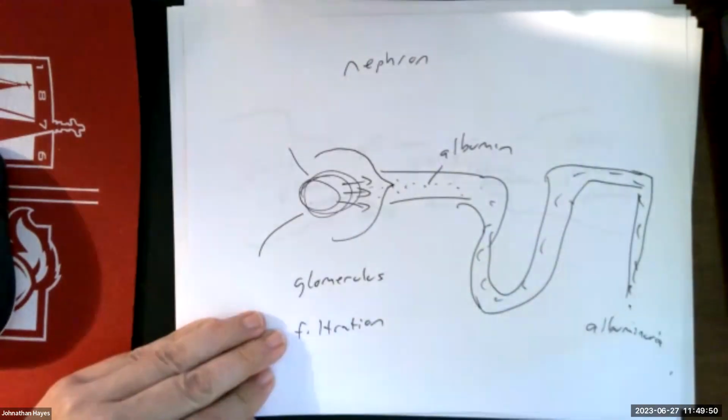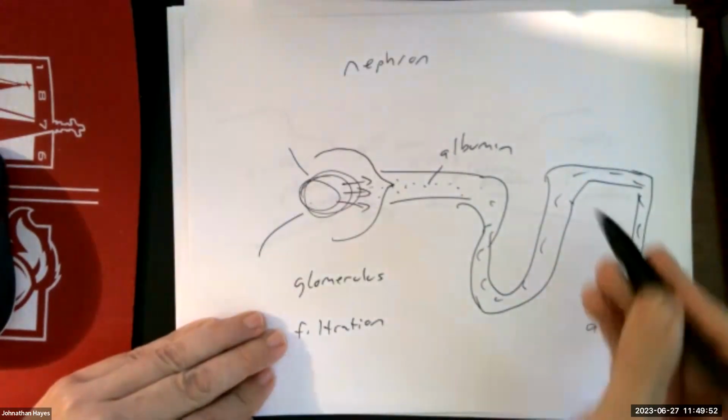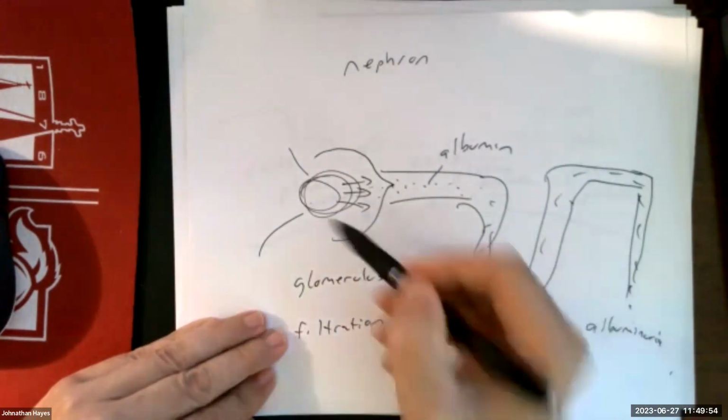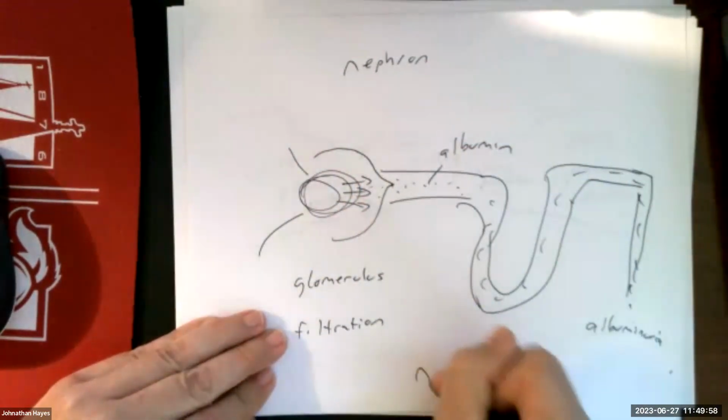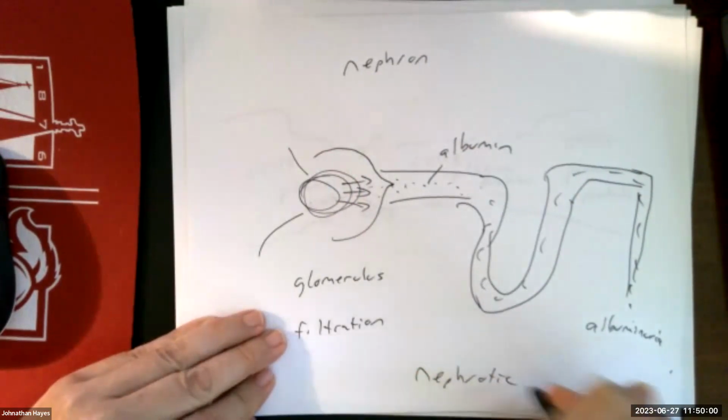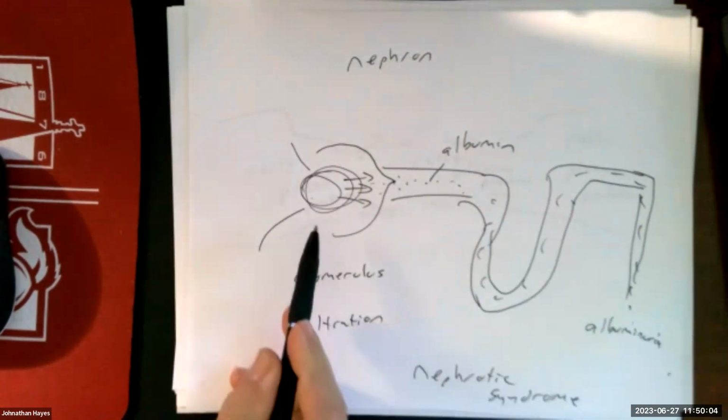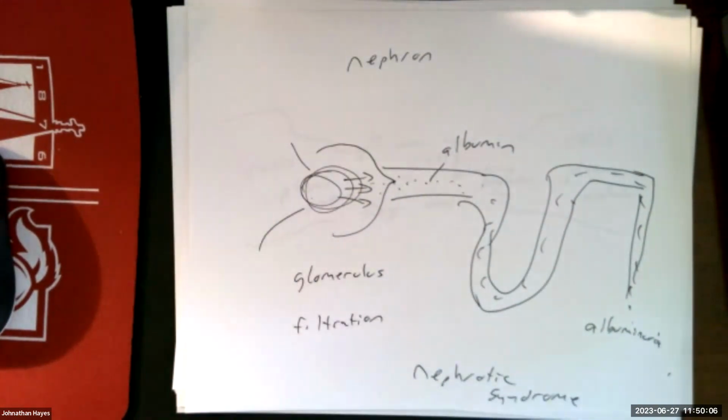So sometimes when you have a lot of protein loss in the urine coming from some type of generic glomerular inflammation, that ends up being called nephrotic syndrome. I mean, you could have an active infection, which we might call acute glomerulonephritis, right?